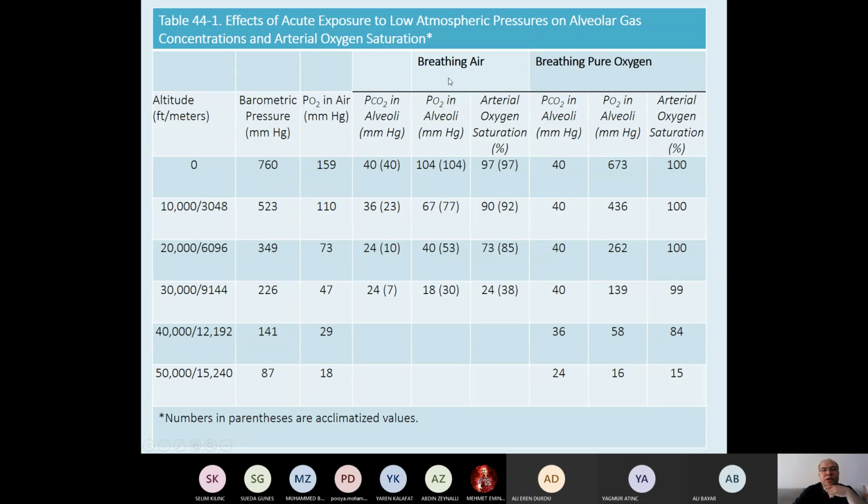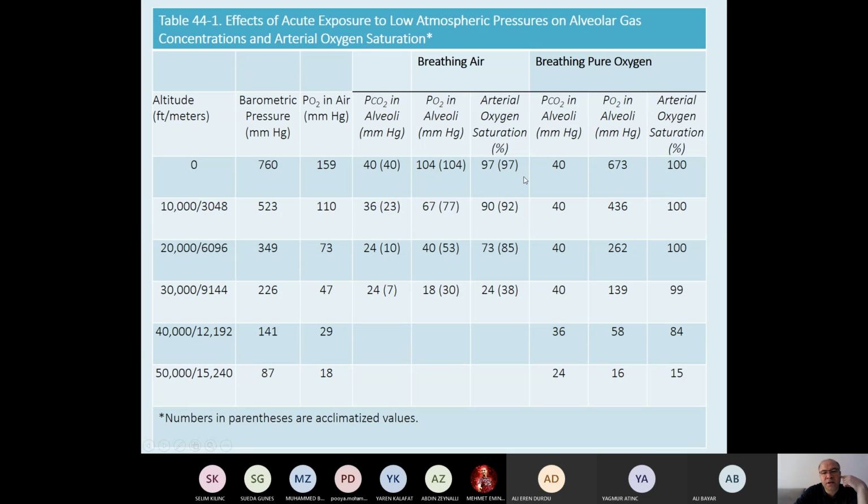So in a low oxygen atmosphere at high altitude, you see here this is the sea level, okay? 760 millimeter mercury barometric pressure. 20% of air is made of oxygen. So oxygen partial pressure in the air is 159 millimeter mercury.